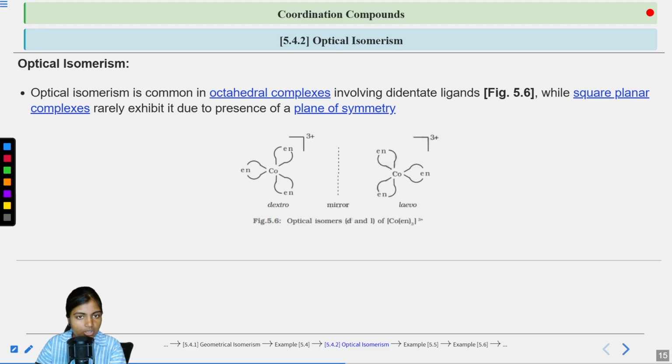How? Because each En can bind to the cobalt with 2 different donor atoms present in the same ligand.